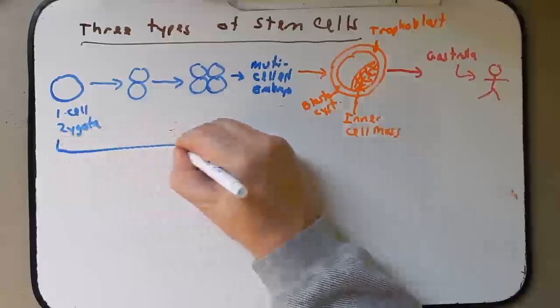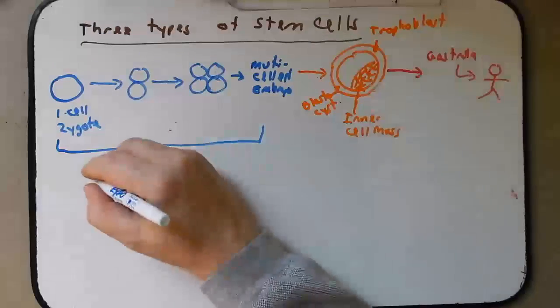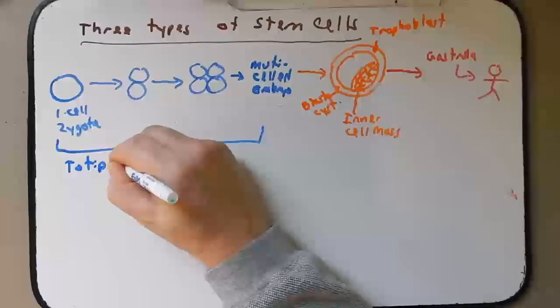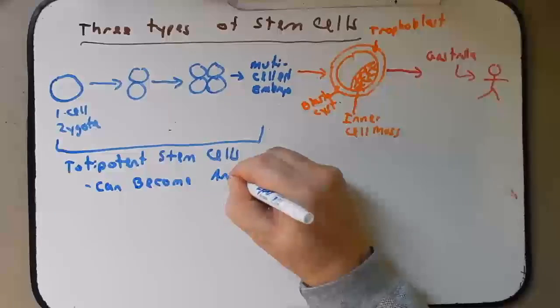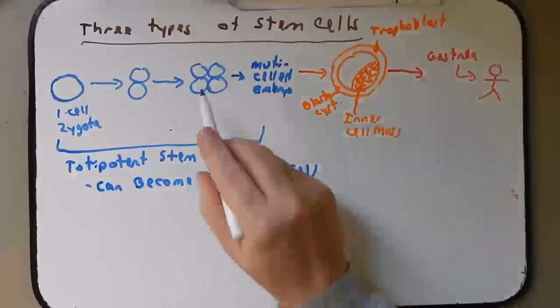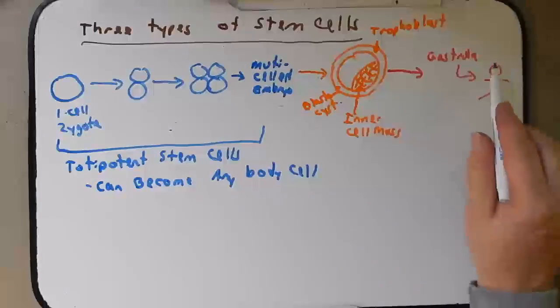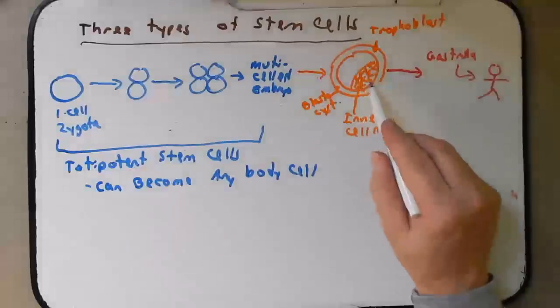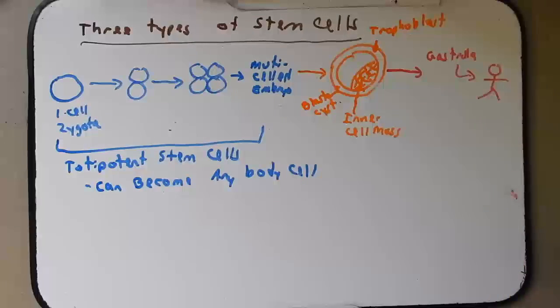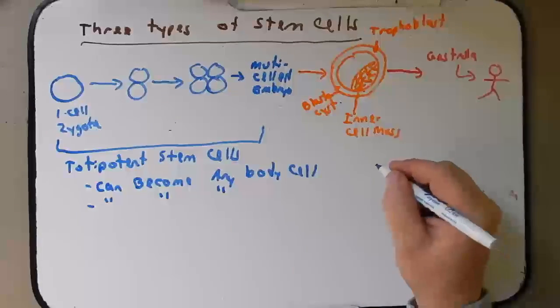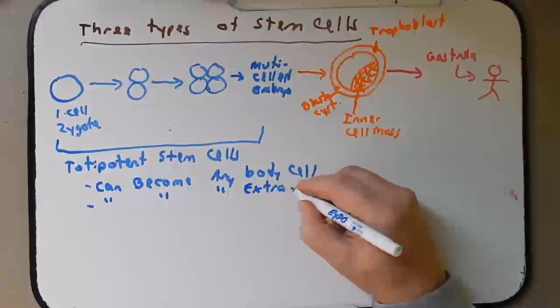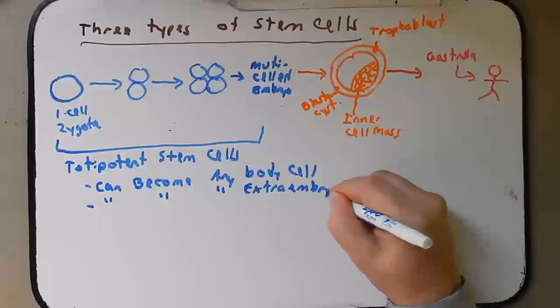These early cells, before they become a blastocyst, are what we call totipotent stem cells. They can become any body cell. They could ultimately become any cell in, well, first this inner cell mass, but ultimately in the fully formed individual. They can also become any, what we call extra embryonic cell.